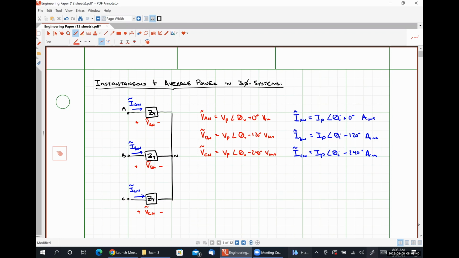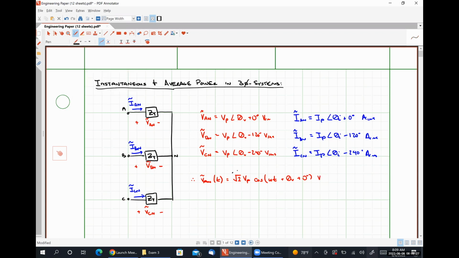So each of these signals has a time domain equivalent, right? So we could say that VAN as a function of time is going to be root 2 VP cosine omega t plus theta V plus 0 degrees volts.